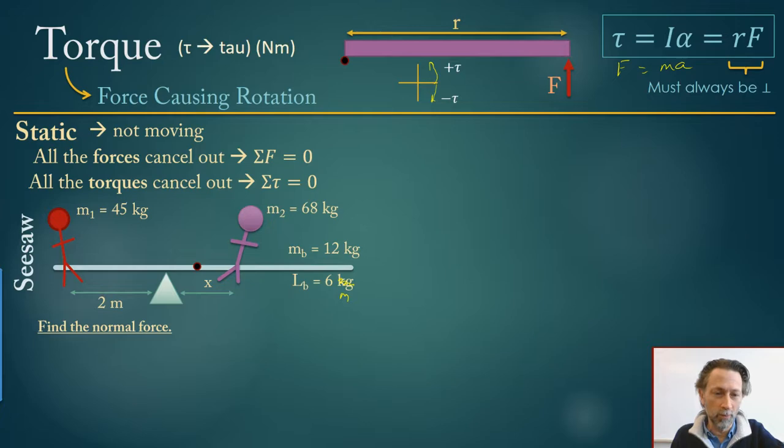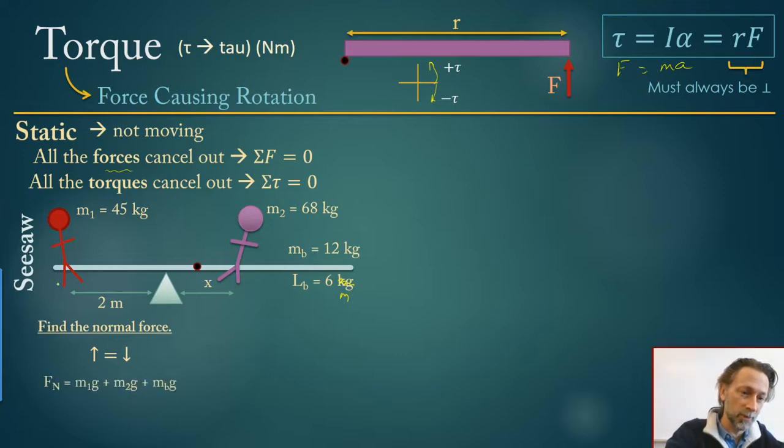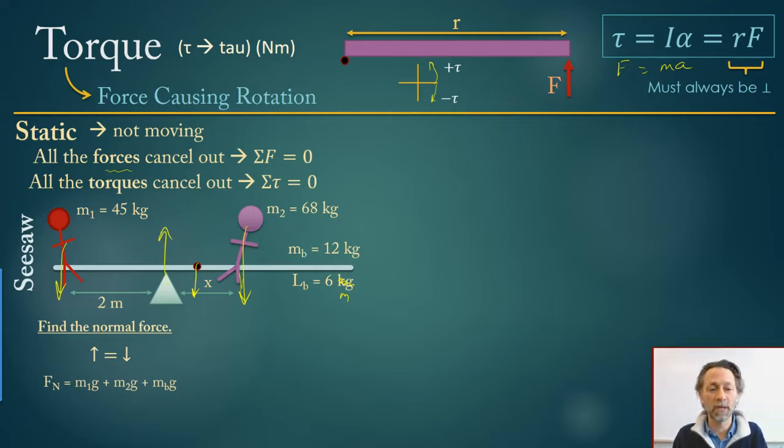Part A is to find the normal force. Because we're dealing with all the forces, we can say that all of the forces up have to equal all the forces down. The force downward of this person plus the force downward of this person plus the force downward of the seesaw itself all have to be equal but opposite to the force upward of the pivot point, which we're going to call the normal force.